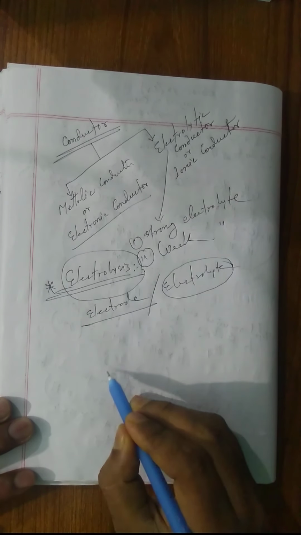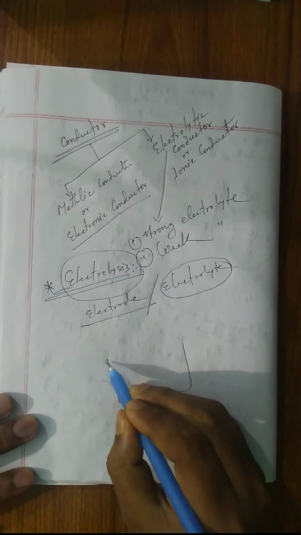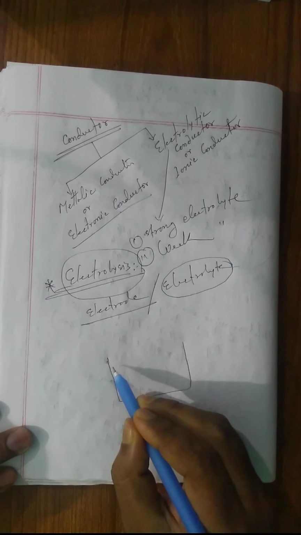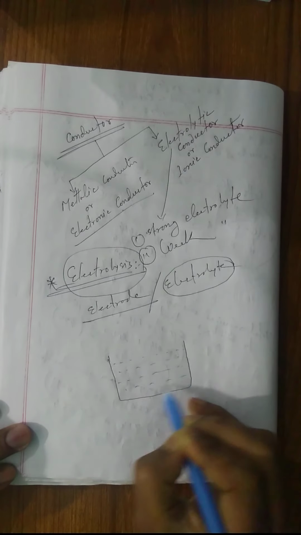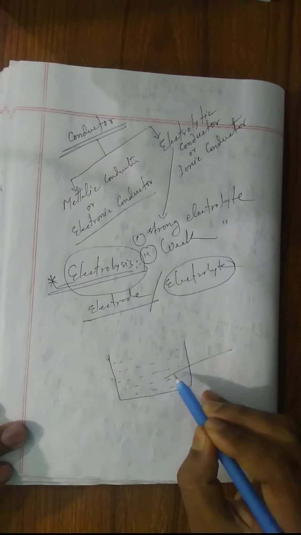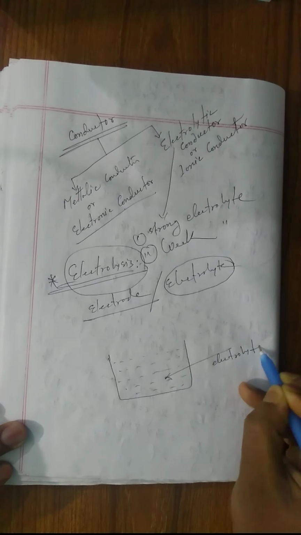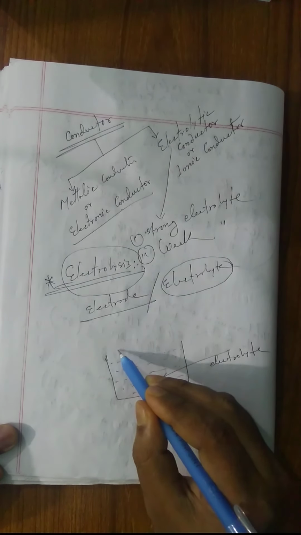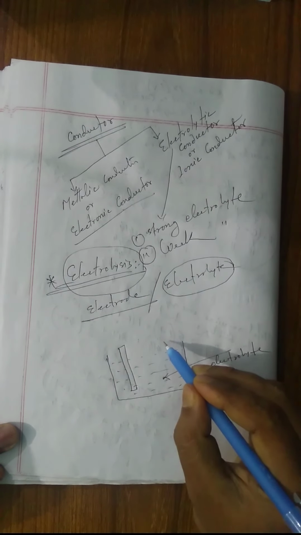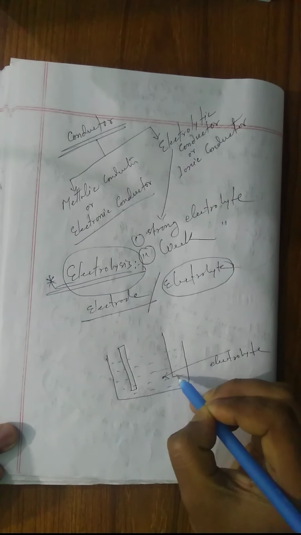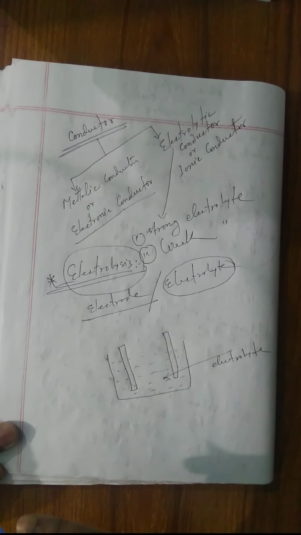That means if this is a container or pot, this solution is the electrolyte, and two metallic or non-metallic conductors are immersed in this electrolyte.